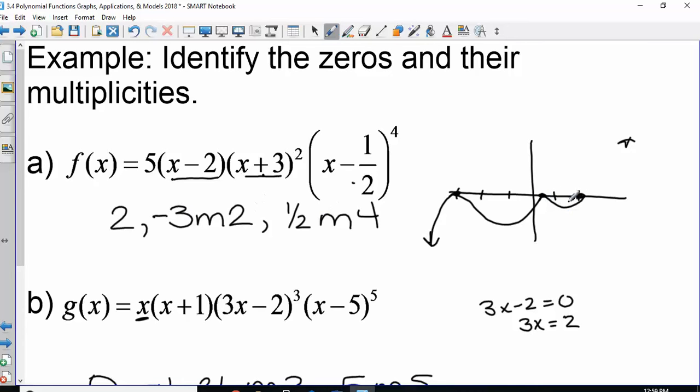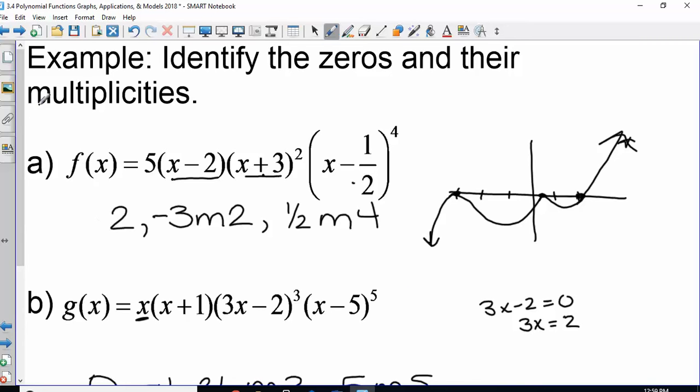We hit it again at 2, which has an odd multiplicity, so it would go through. And did it end the direction we said it should? Yes. Now, is my graph real precise? No. All I have is the correct shape and x-intercepts. But that's what we're going to be working on tomorrow: taking the zeros, the degree, the multiplicities, and drawing a graph from those pieces of information.